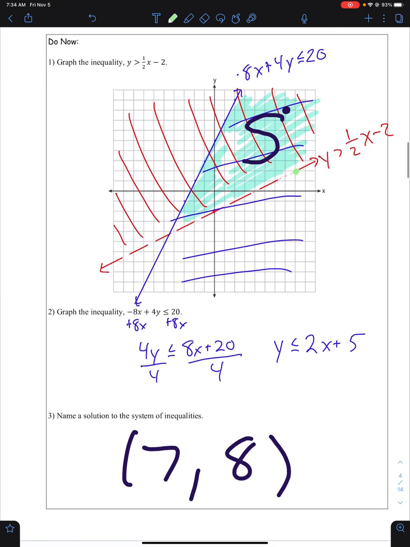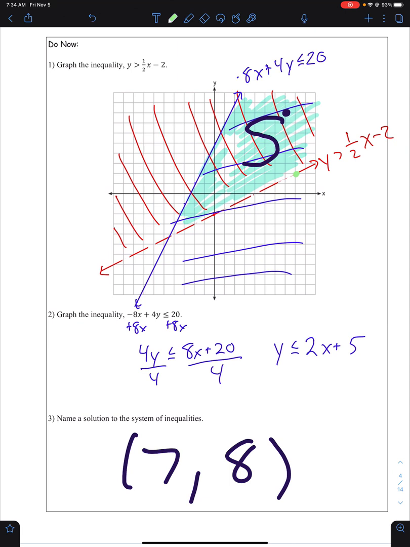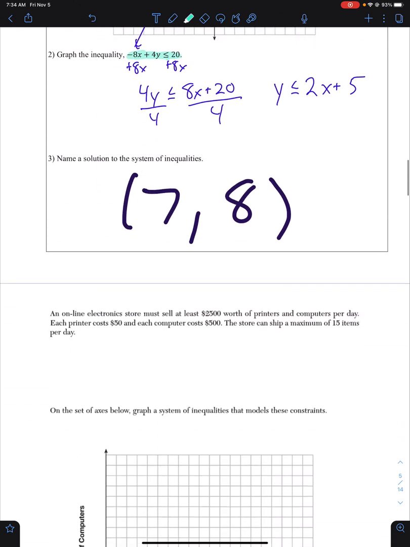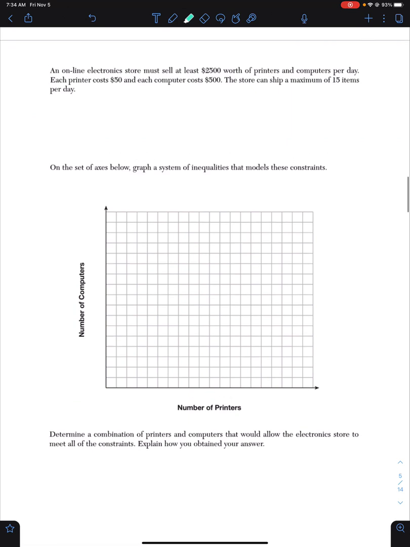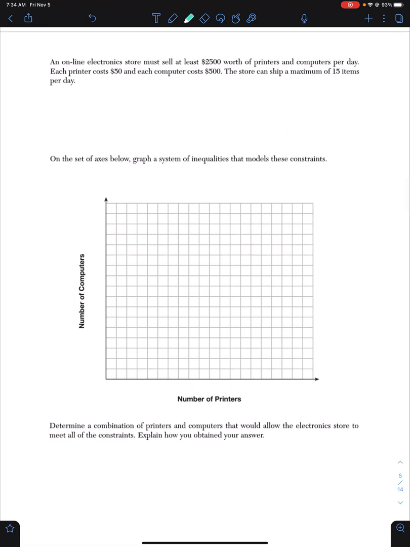Awesome. So the key to this next question that we're about to do is we're going to have to solve for y, much like we did in number 2 here on the do now, for both equations and then solve. So make sure you're good with that. And before you start the next one, I want you guys to first read the question and then think what is the x and the y.